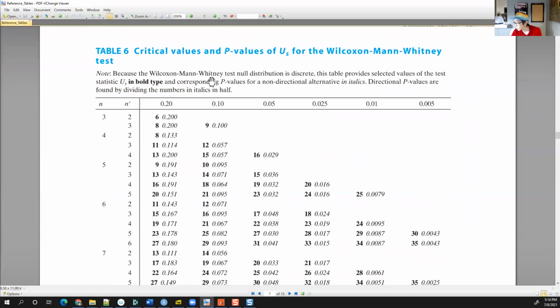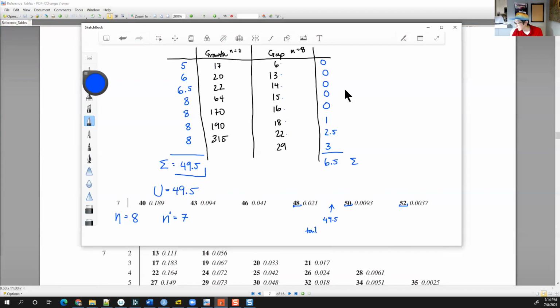heading. The corresponding p-value for non-directional alternative is in italics. So I'll just go ahead and see my non-directional p-value.